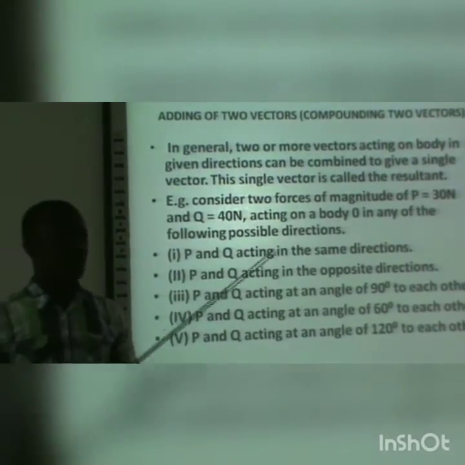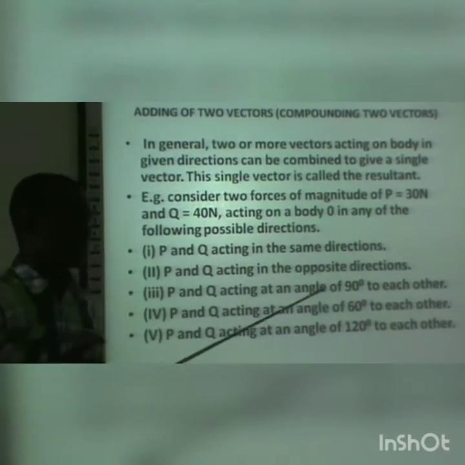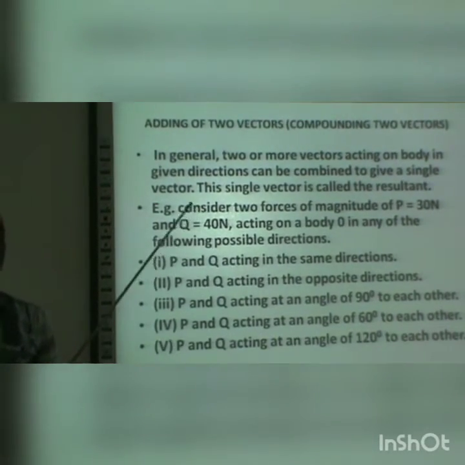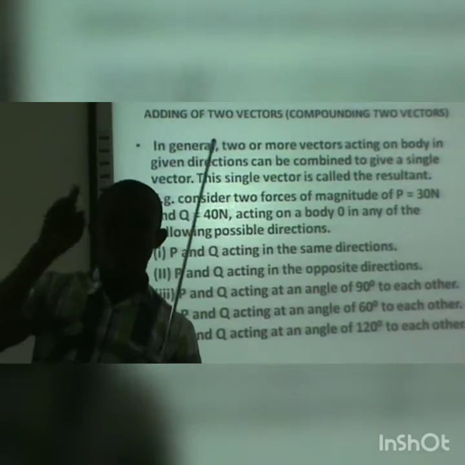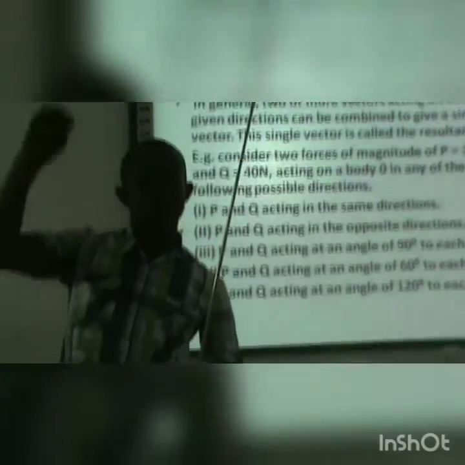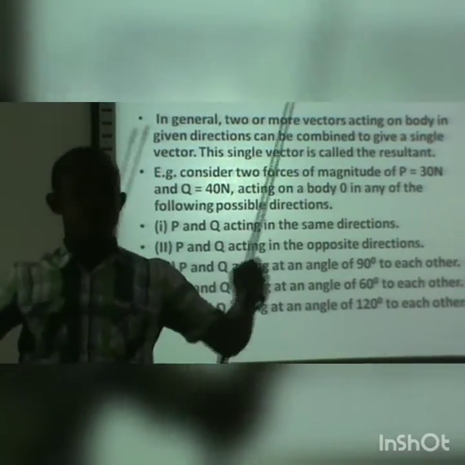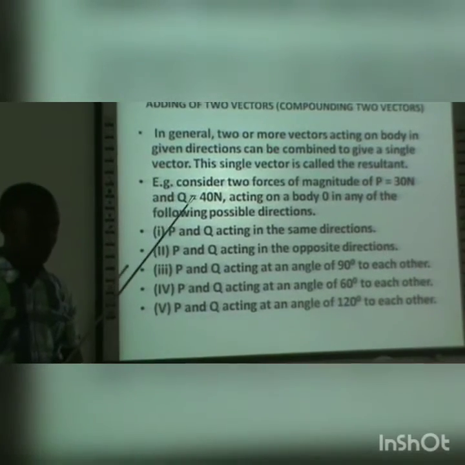In general, two or more vectors acting at a body in a given direction can be combined to give a single vector. And that single vector, after resolving it, that gives the same magnitude and direction of the two vectors, is called the resultant vector.